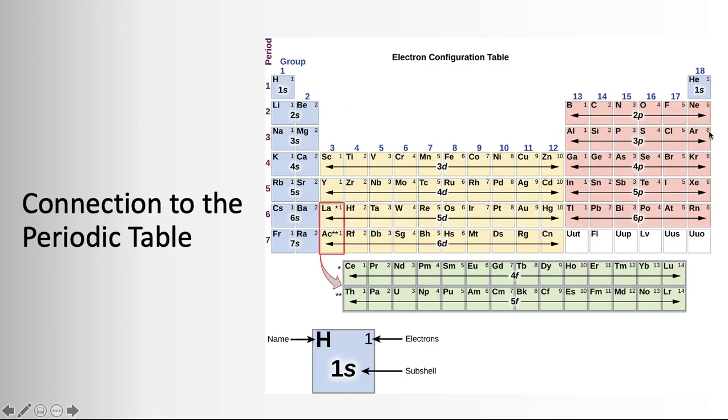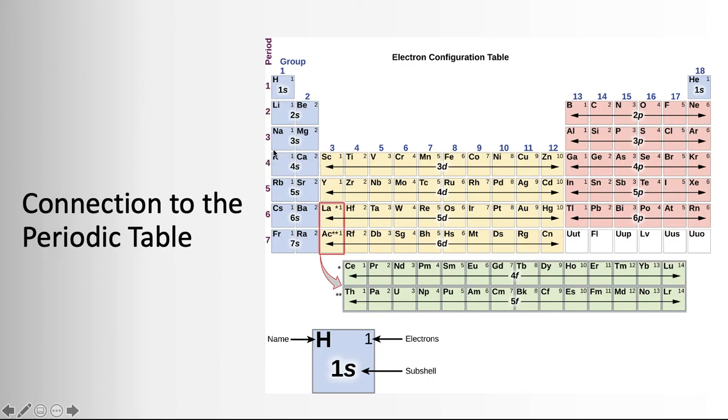The next group, so this block over here, which you can count as 13 through 18 or group 3 through 8, these are filling the P subshells. Now, depending on which energy level you are, that tells you which S and which P you are filling. For example, row 2 is filling the 2S and the 2P. Row 3 is filling 3S and 3P, etc., etc.